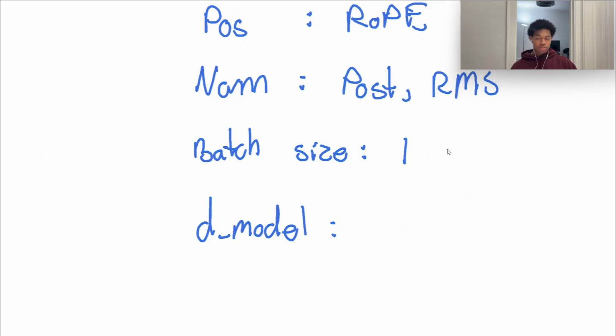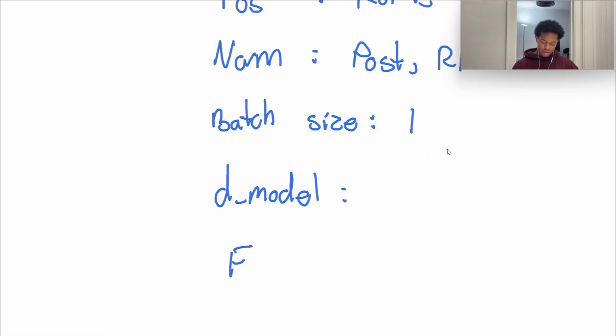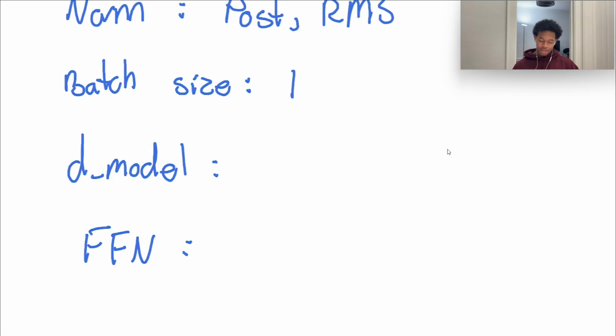D model and every other, what's it called? Let's just say FFN. I'm just gonna draw it like this. We're gonna do an explosion and then we're gonna pyramid, you know?